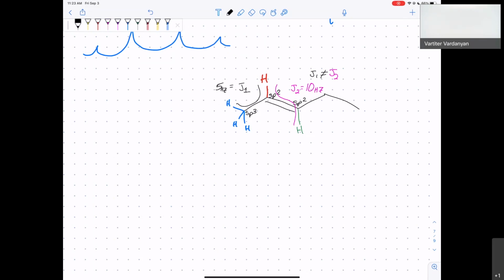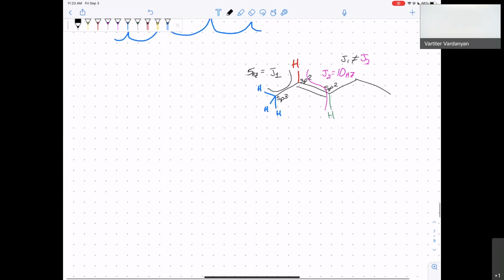So regular old hydrogens that are on adjacent carbons are 7, correct. All right, so this looks like a hot mess, but let's fix it up. We are doing the splitting for the red hydrogen.